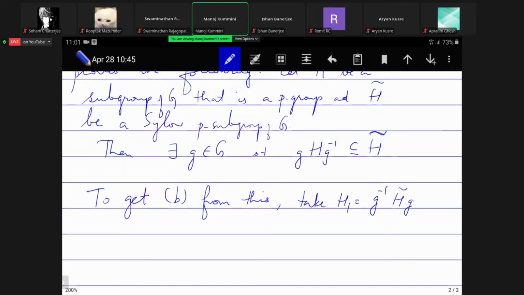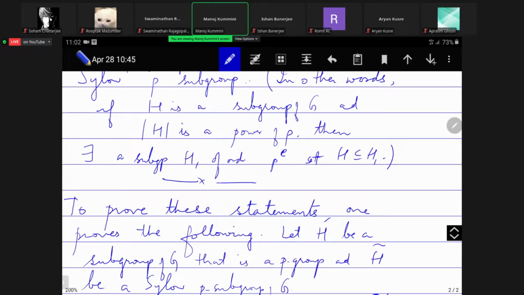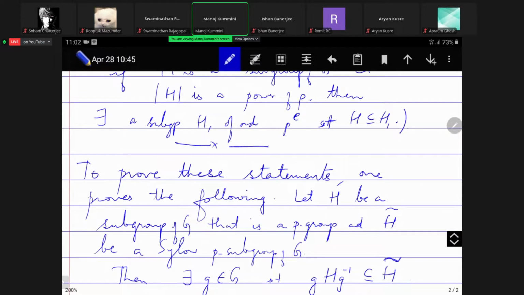Therefore, the conjugate g inverse H tilde g also has order p^e. So this is a Sylow subgroup. If we take H1 to be this, then this would satisfy it. So if we prove this statement, that would imply B by just that trick.